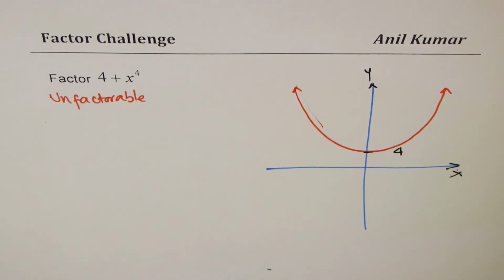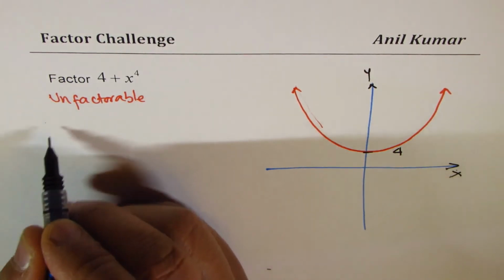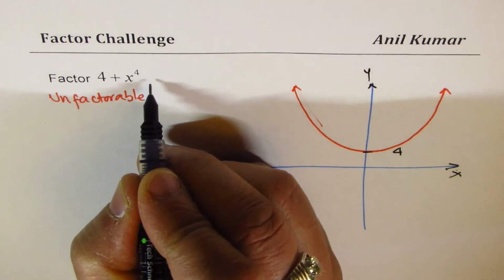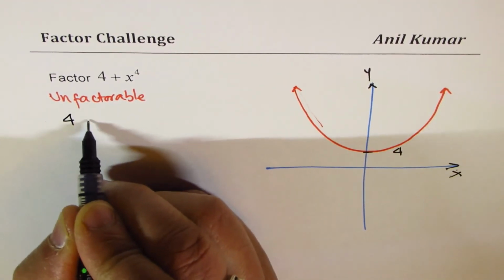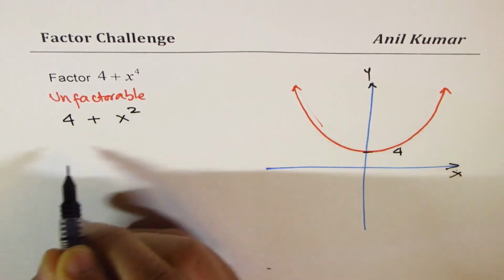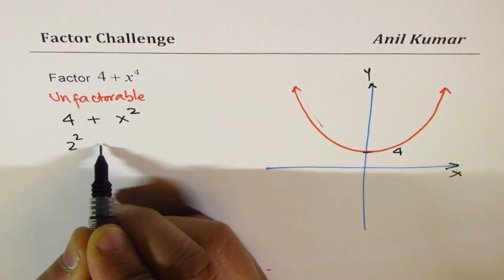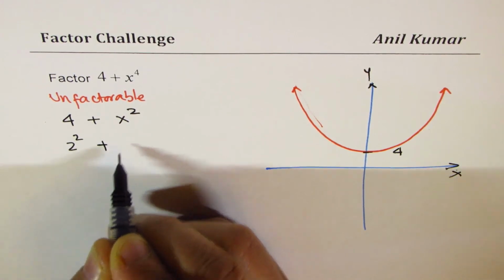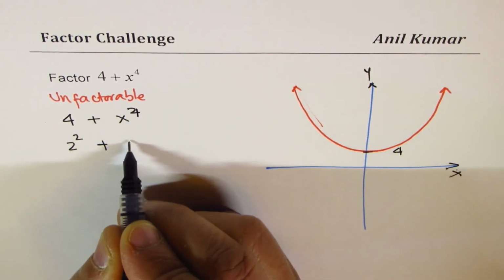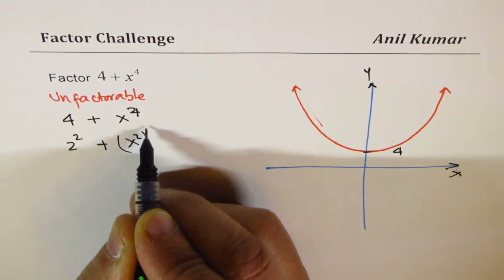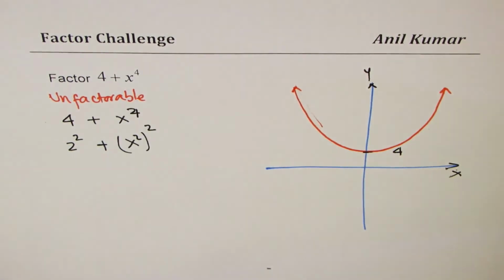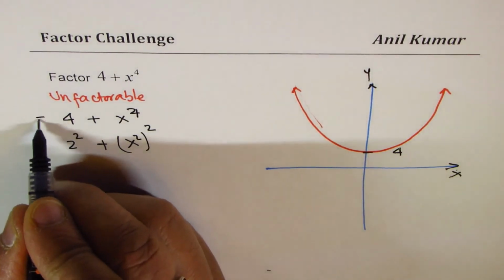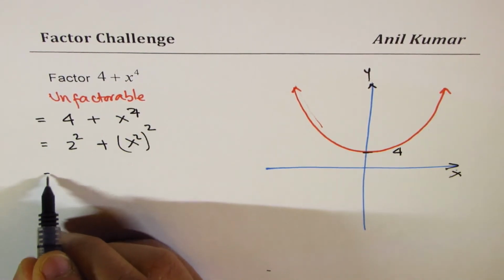So again, we are going to apply the techniques which we have learned to factor this. You can see that we can rewrite this term 4 plus x to the power of 4 as 2 squared plus x squared to the power of 2, right? So that is x to the power of 4, correct? So we could write like this.